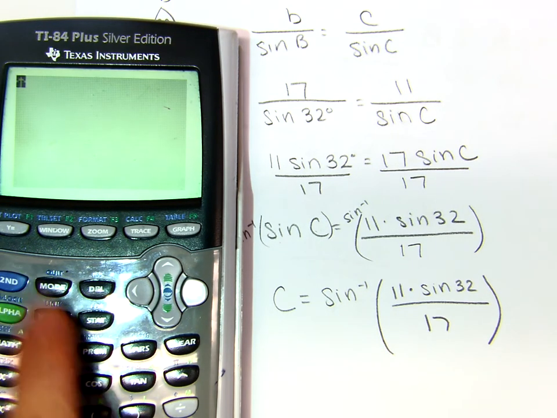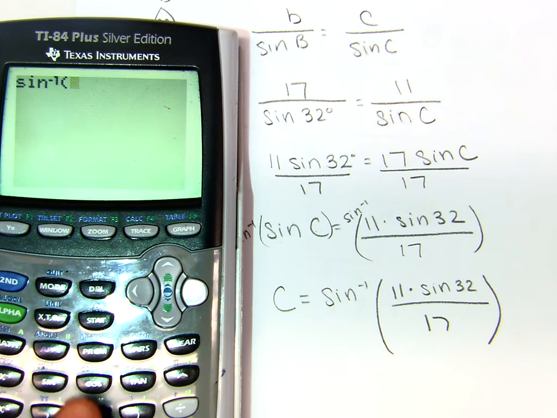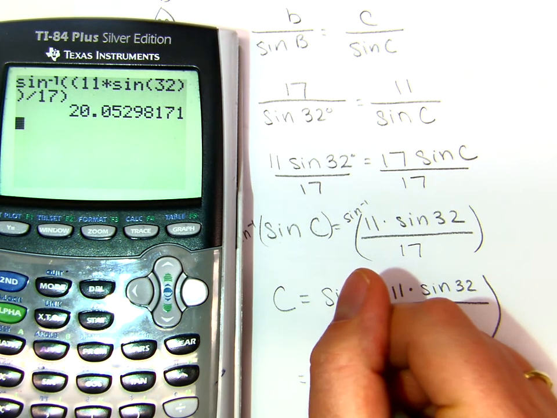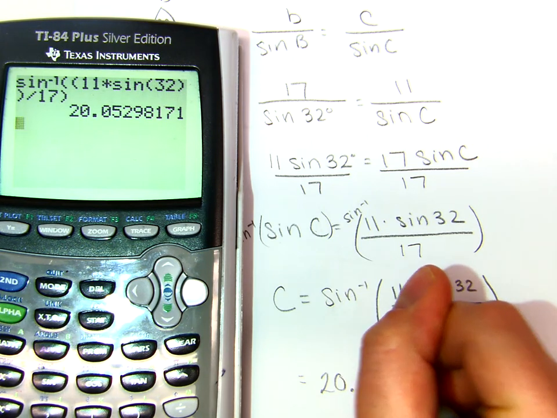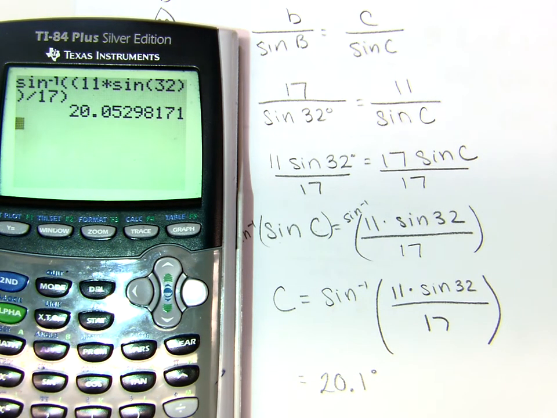So sine inverse is second sine. I want 11 times the sine of 32, and I'm going to put in parentheses because that's all my numerator. Then divided by 17. And if you type that in, you get C is equal to 20.1 if I round it to the nearest tenth. And that would be a degree because you're finding an angle.